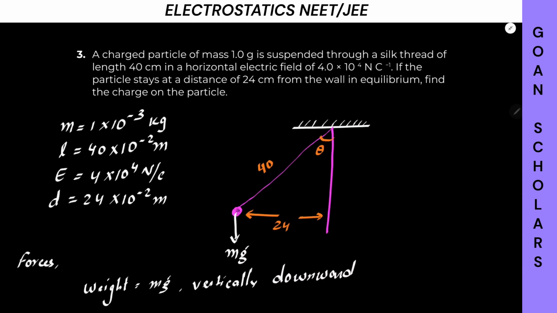Great. So if this is mg, what is the force acting on this particle due to the electric field? Because if there is an electric field, we know there is Coulomb's law. The question is saying it is charged. If there was no charge on this particle, then we would have only weight. But if there is a charge, then there will be Coulomb's force here, a repulsive force in this direction.